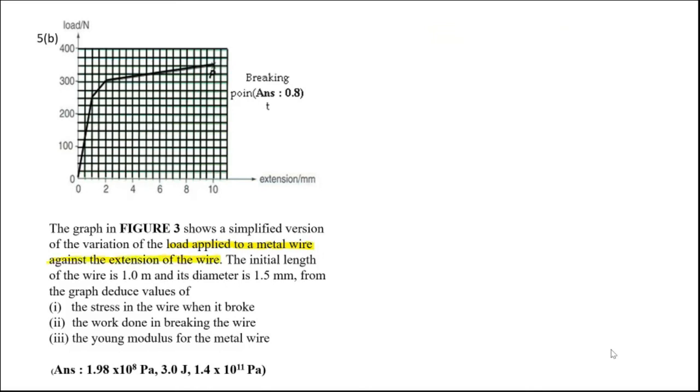Given here, the initial length of the wire is 1.0 metre and the diameter of the wire is 1.5 millimetre. From the figure, calculate the stress, the work done, and also the Young modulus of the metal wire.